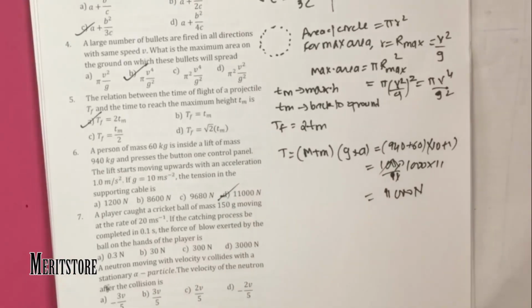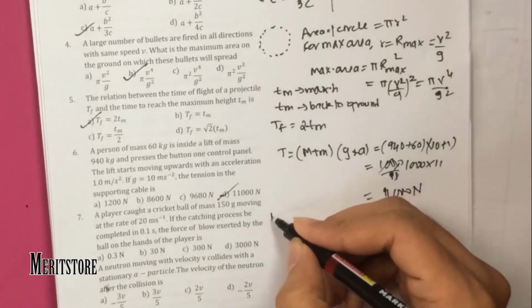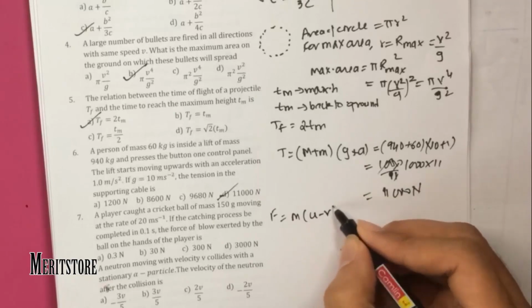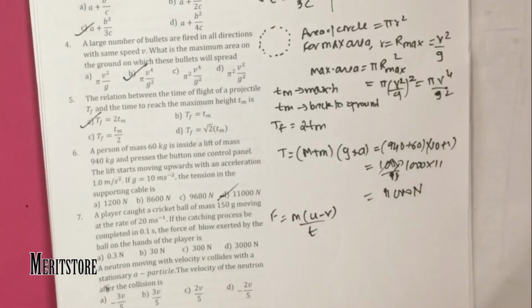Question 7. A player caught a cricket ball of mass 150 gram moving at the rate of 20 meters per second. If the catching process be completed in 0.1 second, the force of blow exerted by the ball on the hands of the player would be. Now we know force is nothing but m into u minus v divided by t.